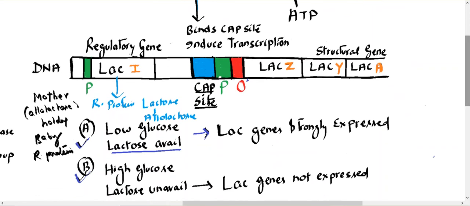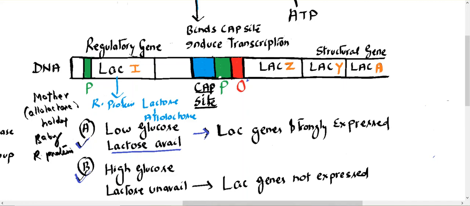Similarly, lactose is not available. When allolactose, the mother, is not there, the mother cannot hold the baby, that is the repressor protein. So the baby can move here and there and sit on the operator. When it sits on the operator, the operator is not active now and the lac genes are not expressed.